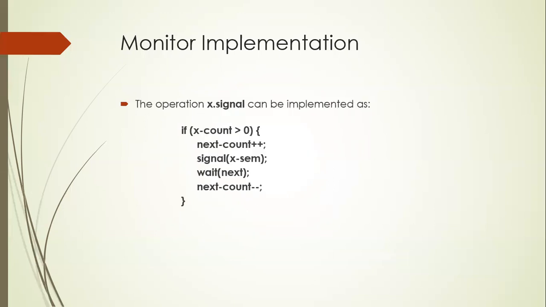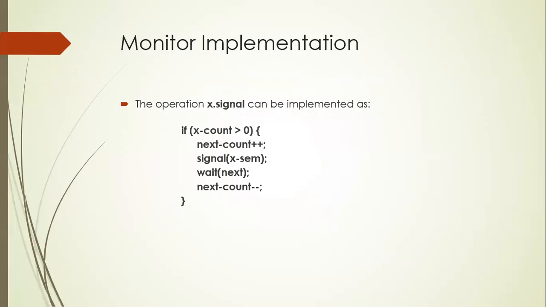Similarly, when you go for the signal process, the signal will be given with x and the semaphore variable, and the next count is allowed to enter. So this is how the monitor is implemented. The monitor, semaphore variables, and mutex variables are all used to make the synchronization work better.